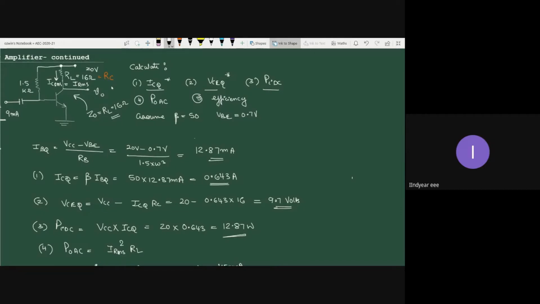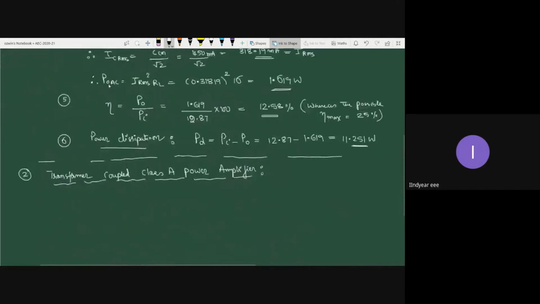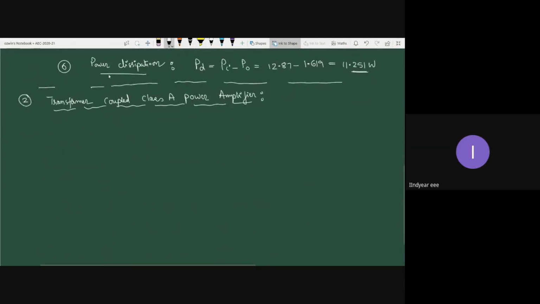And if there is any mismatch in the load, there won't be impedance matching. So this problem can be overcome using a transformer.